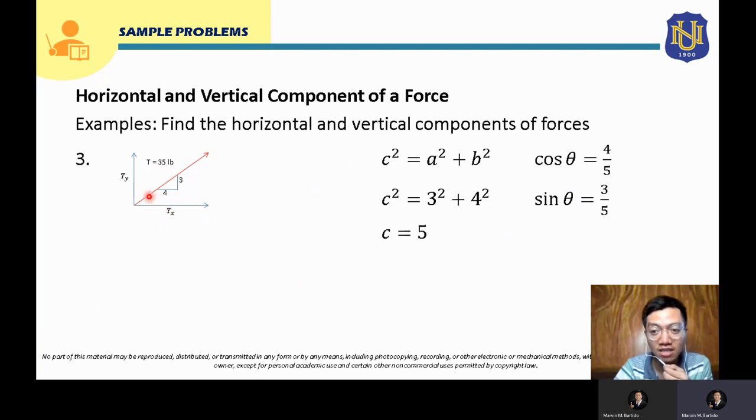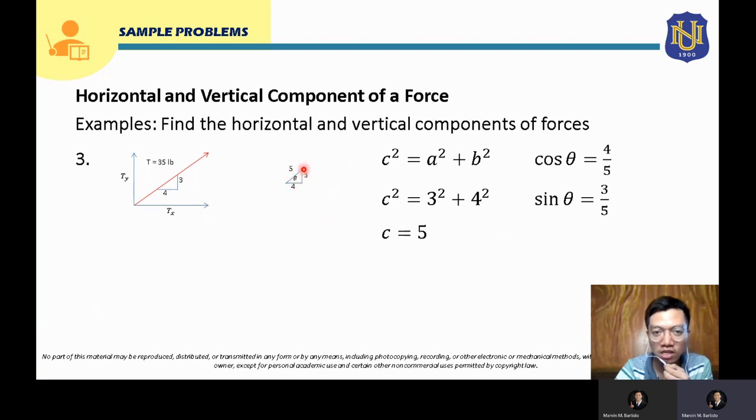But since there's no theta given here, we will consider the theta of the slope triangle. So taking this slope triangle, the rise is 3 and the run is 4. So this theta will also be equal to this theta.